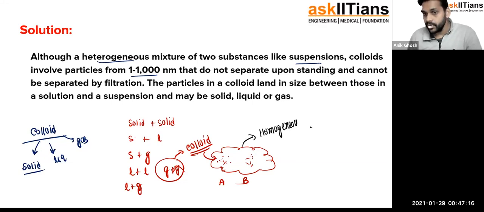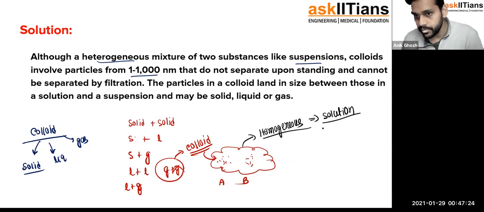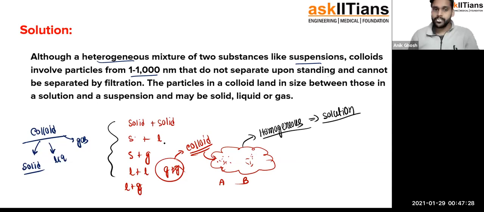They never make a heterogeneous mixture. So two gases always make solutions. Fine. So there can be many different types of colloids, and the particle size you already know. From there you can differentiate between a solution, a suspension and a colloid.